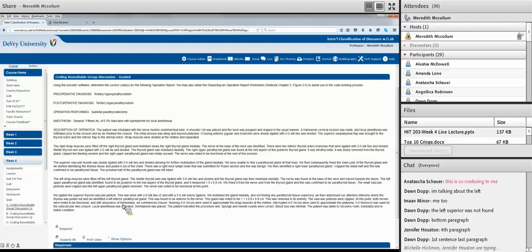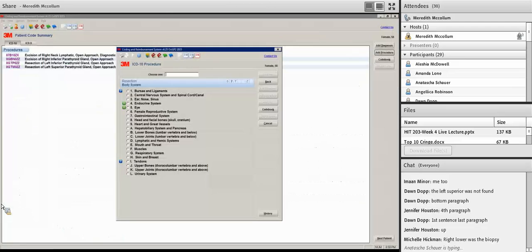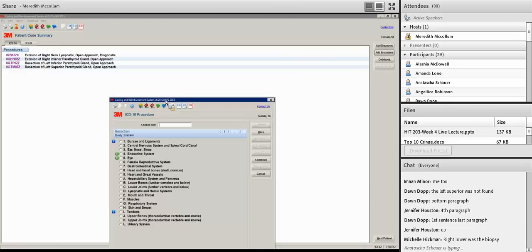First sentence of last paragraph. We ligated the superior thyroid vesicle. No, that's not the one. Right lower was the biopsy. Okay, hold on. Let me go back. Right lower was the biopsy. Left lower was that one.